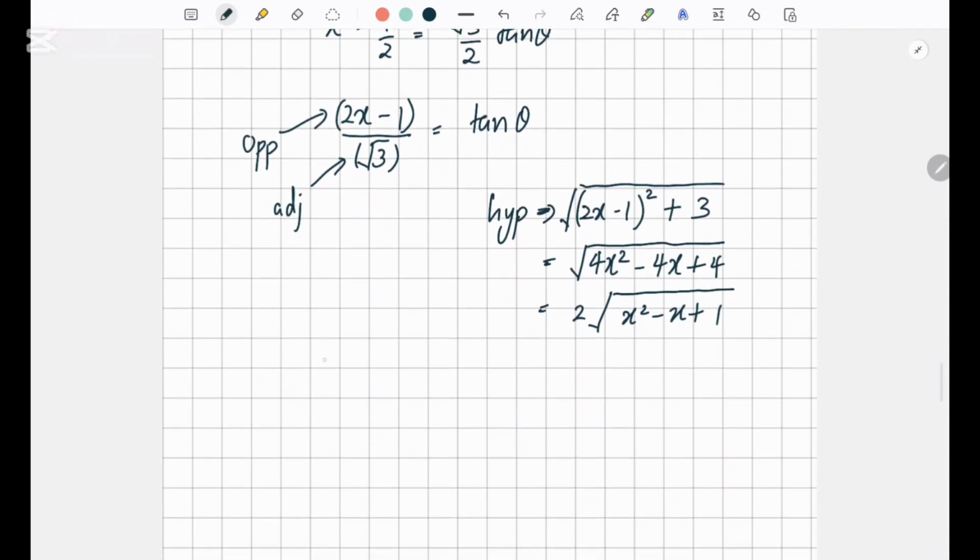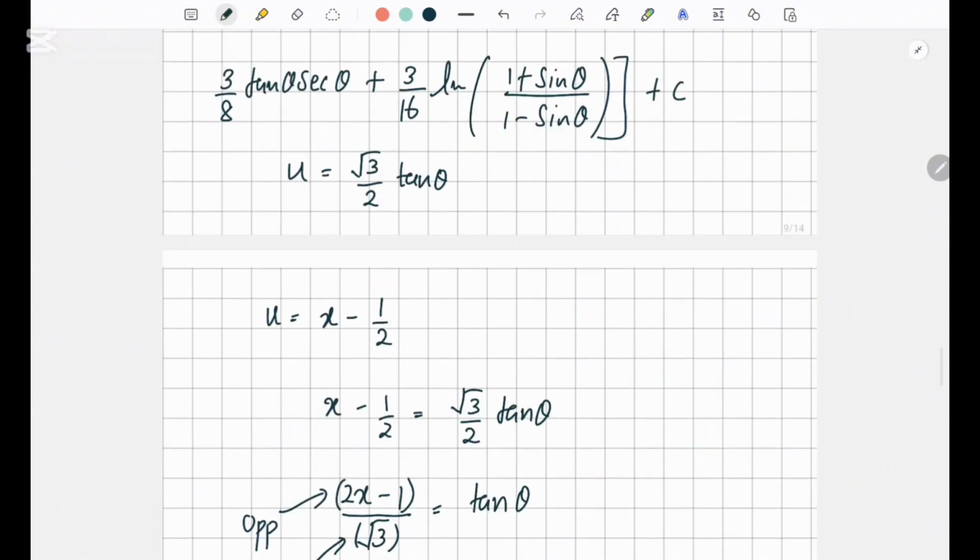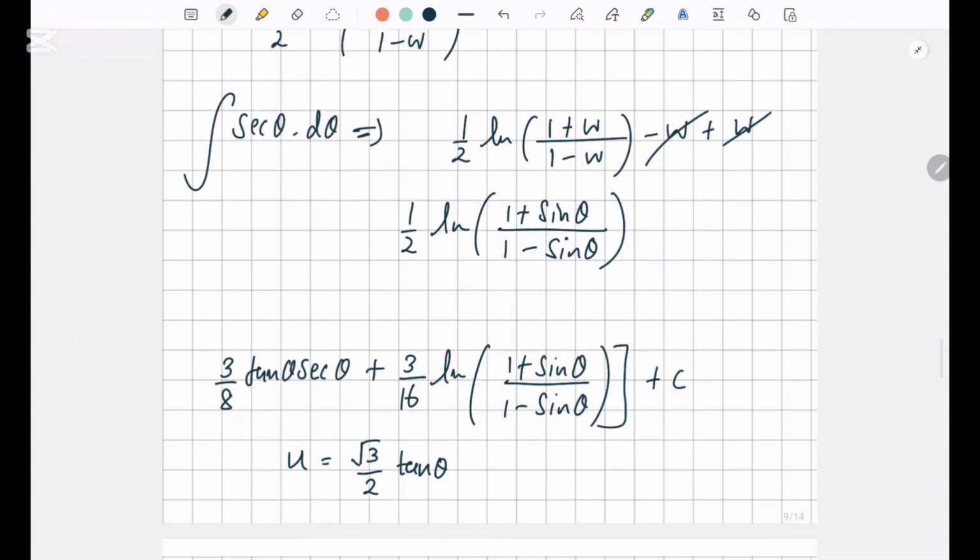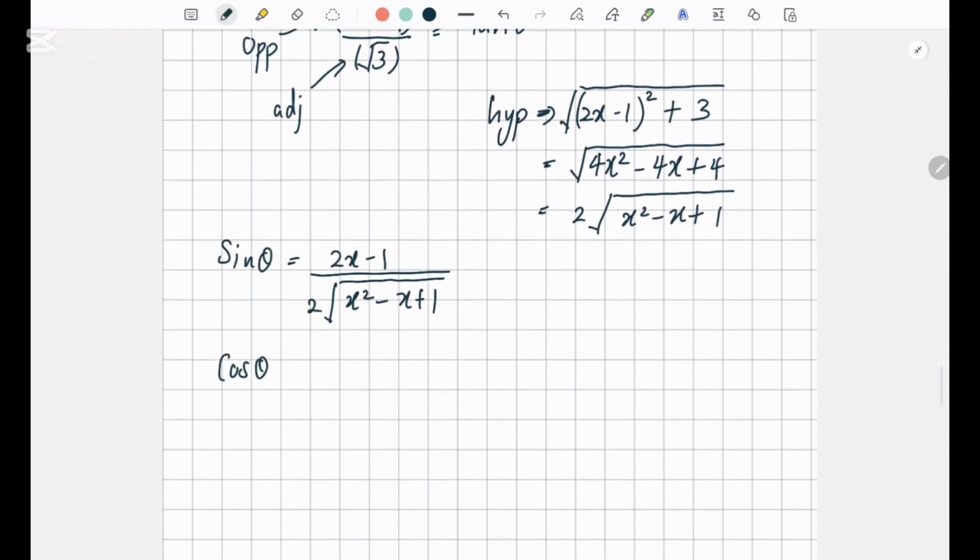So then you can write sine theta equals 2x minus 1 over 2 root x squared minus x plus 1. And cos theta, do we have cos theta? No, we don't. Yeah, we have sec theta, right?